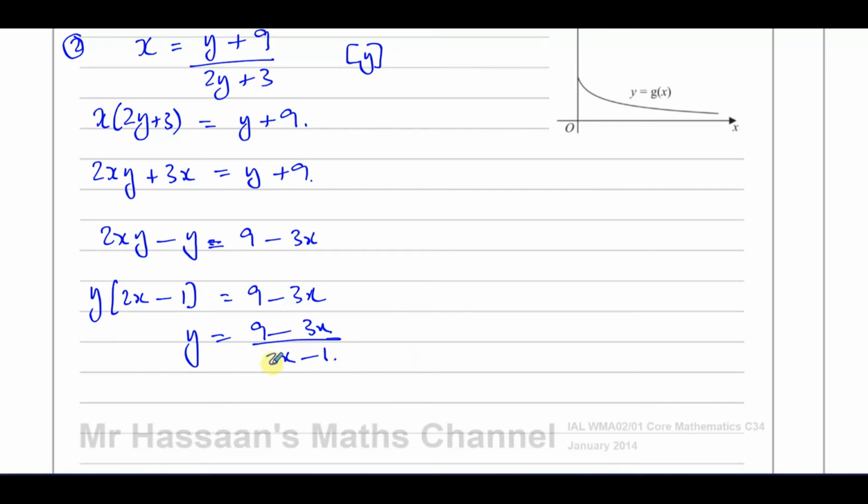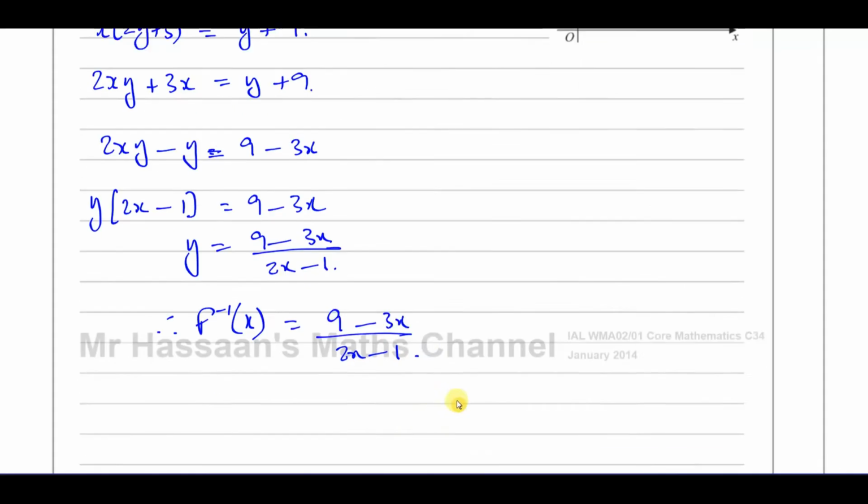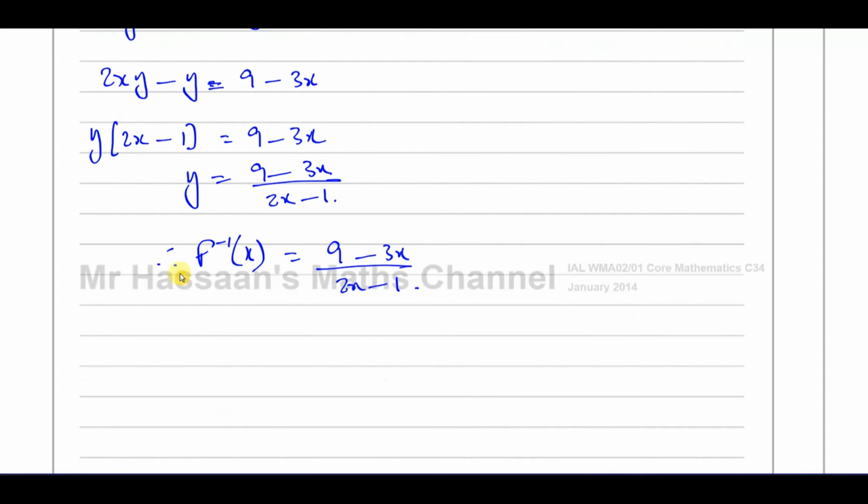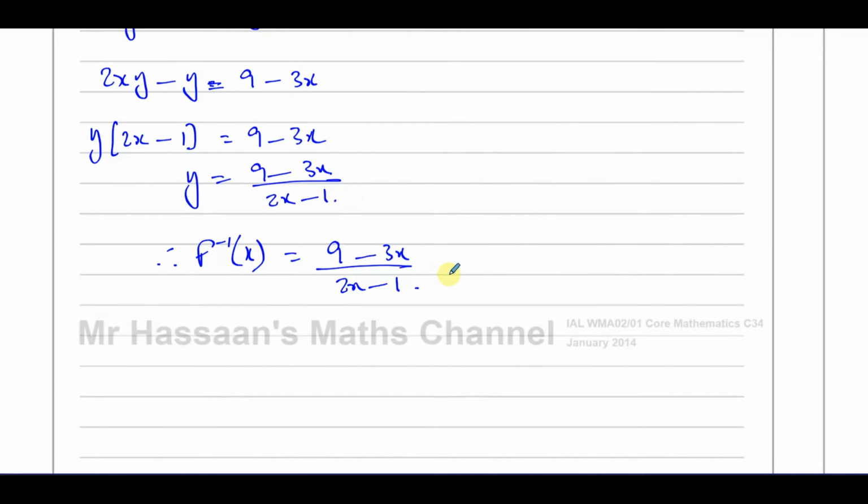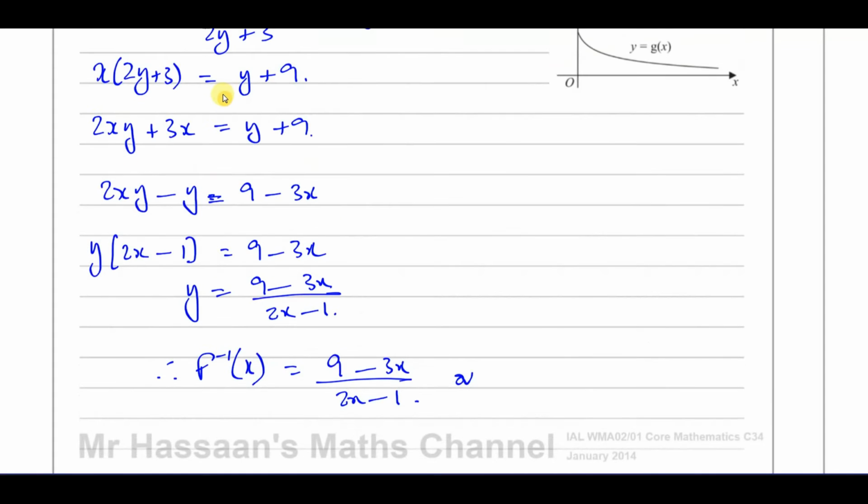So that is the expression for the inverse. So we can say, therefore, the inverse function is going to be 9 minus 3x over 2x minus 1. Okay, we could also write it if we want. If we had, for example, at this stage, decided to bring the y's on this side, then we would have got y.